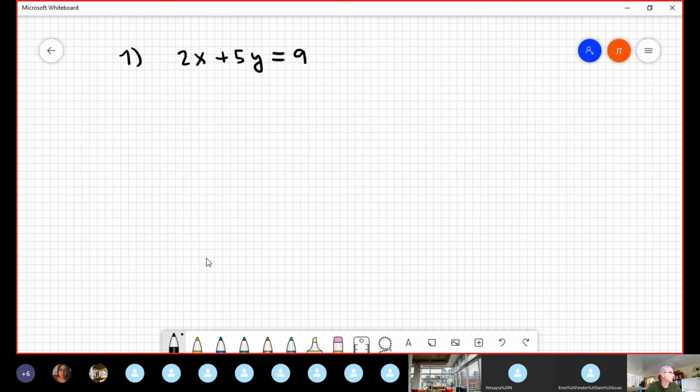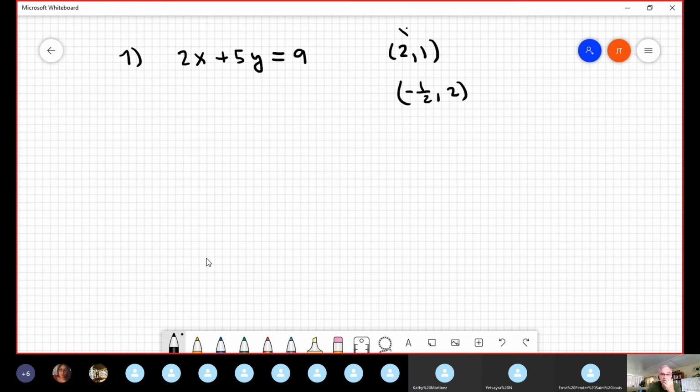Ajá, entonces, the thing is que you need to verify if the point 2,1 belong or not to this line, or negative 1/2, comma 2 belong to this line. Entonces, the first component is x, the second component is y. You replace. Entonces, should be 2 times 2 plus 5y, que es 1, should be 9.